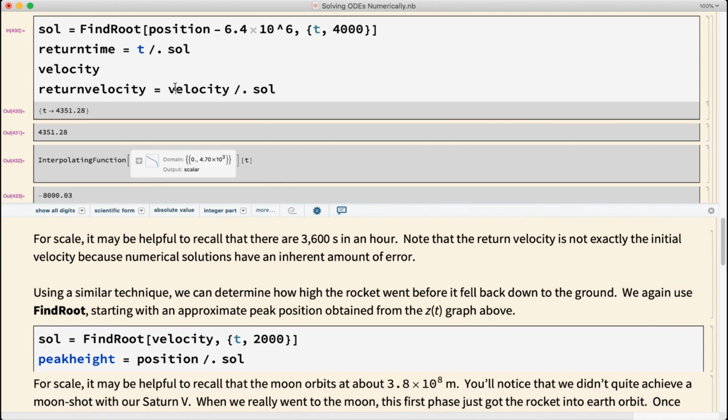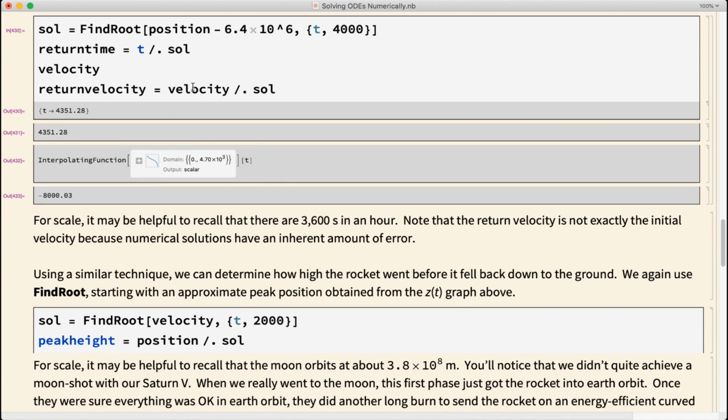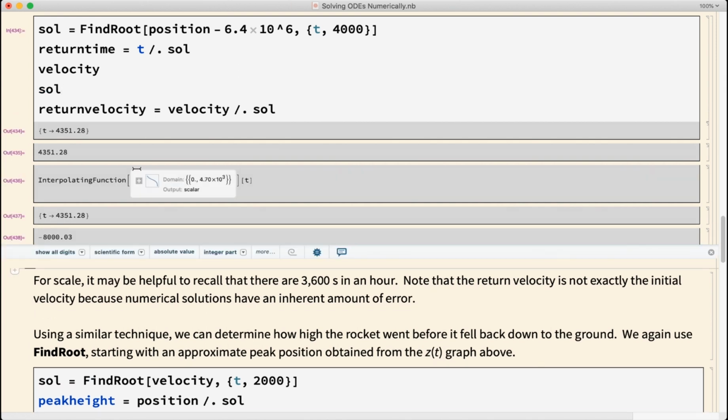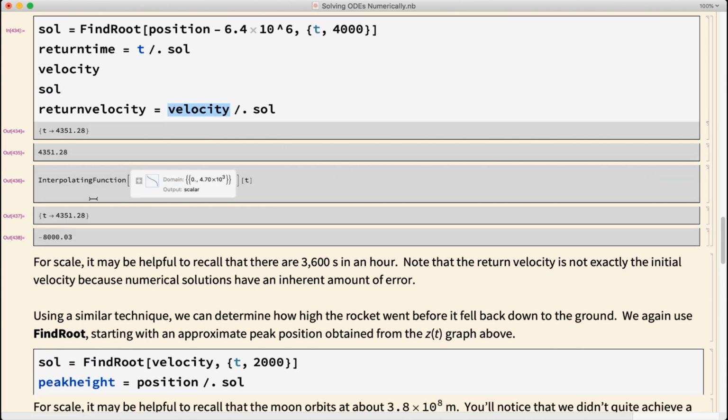And now I can basically say, in this interpolated function, do this replacement rule. So let me write out what the solution says again. Okay, so basically in this velocity interpolated function, replace t with the time, which is 4,351, and then that gives me the velocity.